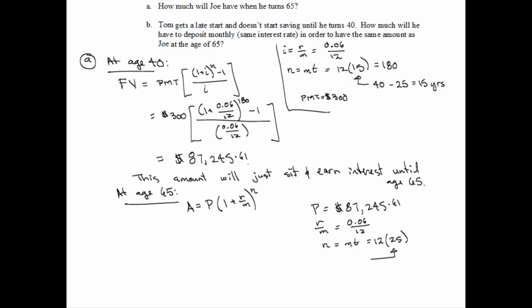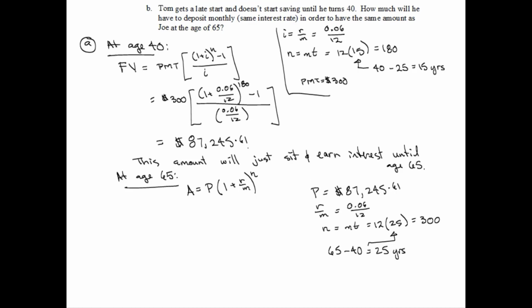Because if we do 65 minus 40, that gives me 25 years. So we do 12 times 25. That gives me 300 compounding periods.